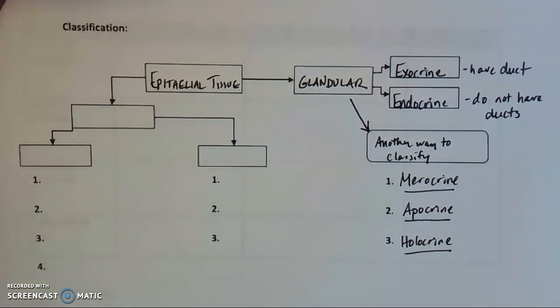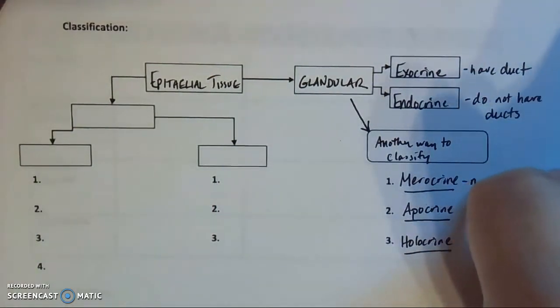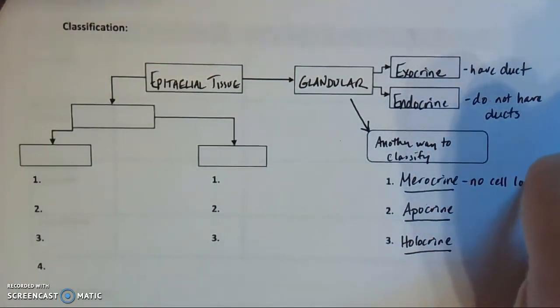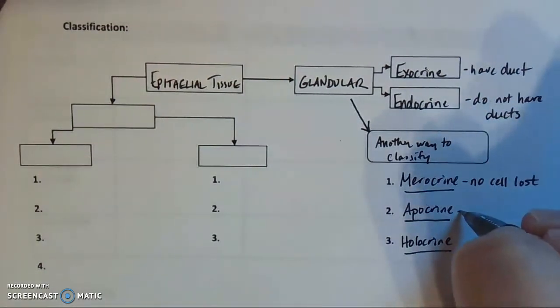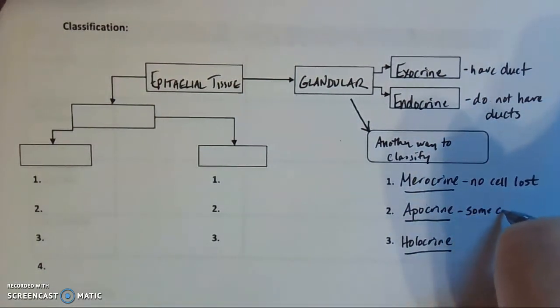So as something is being secreted, sometimes parts of the cell or the whole cell is destroyed in the process of secretion. So with merocrine, there is no cell loss. Apocrine, some cell lost.